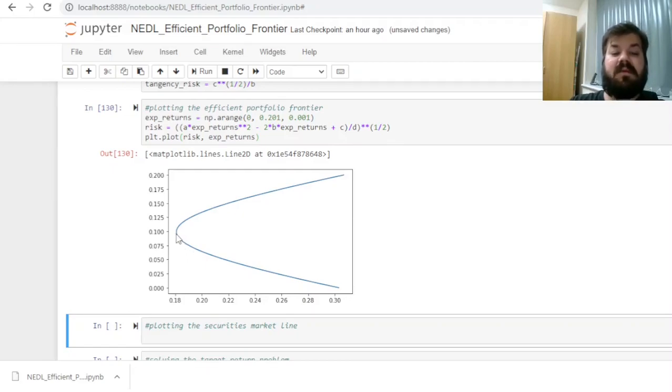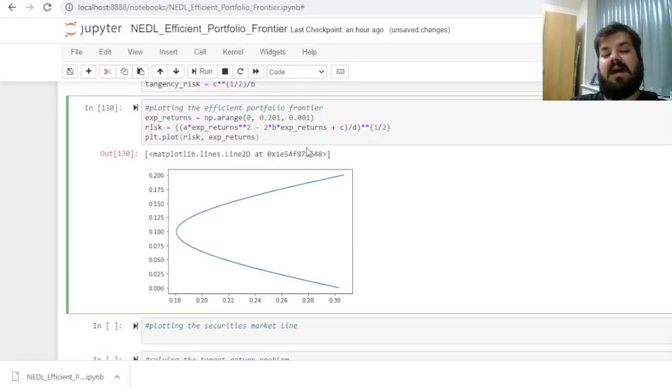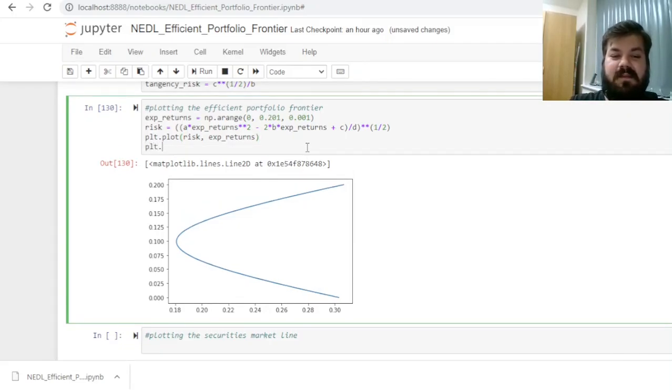We see that our minimum variance portfolio is around 10%, and our frontier is sloping up quite fast, meaning that we are indeed getting some risk premium for taking on portfolio risk. However, to move up from 10% return to 20% return, we need to increase our risk exposure from around 18% to 30% annual volatility.